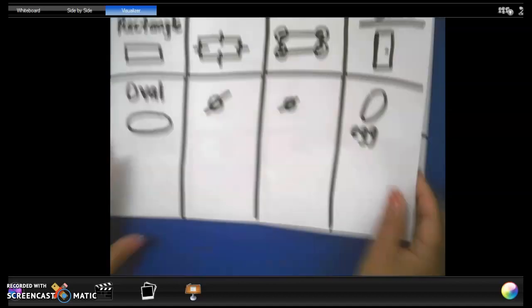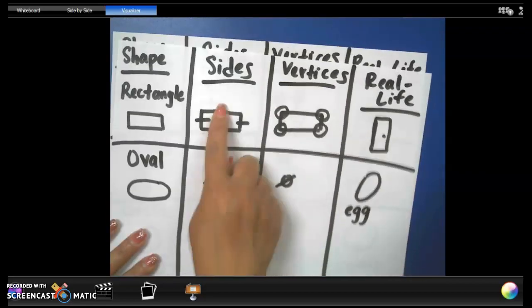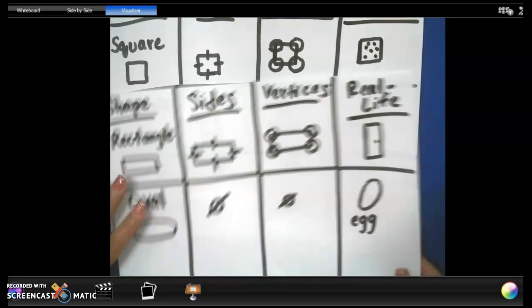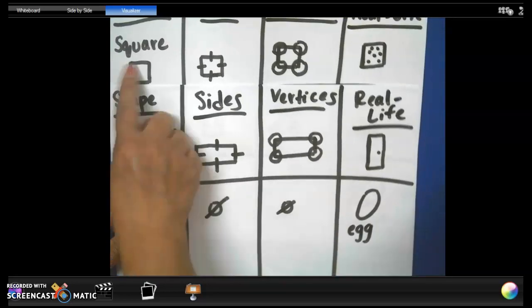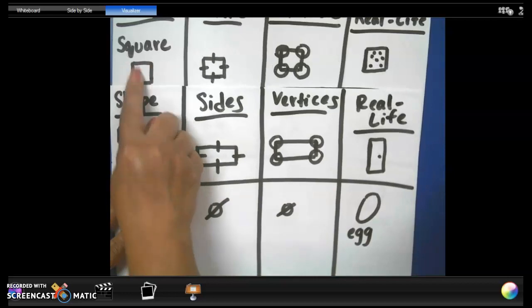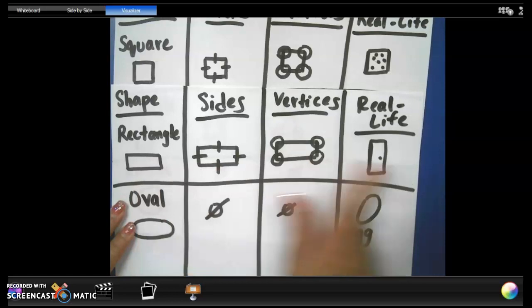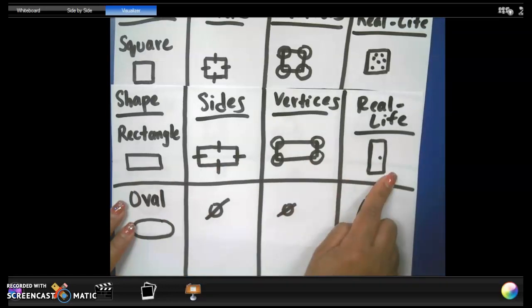Then we talked about the rectangle. We learned that it has 4 sides and 4 vertices, and that it kind of looks like the square, but it's not, because the square has the same size sides, and the rectangle has 2 short and 2 long. Alright? So rectangle, 4 sides, 4 vertices, and the door has the shape of a rectangle.